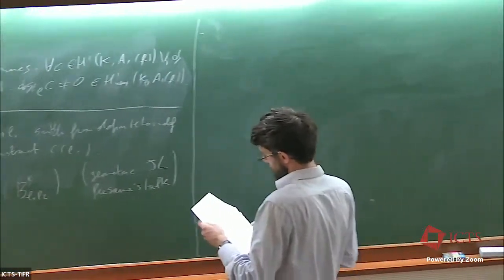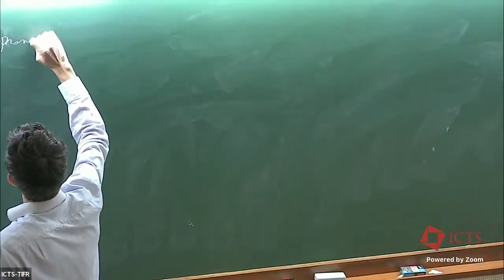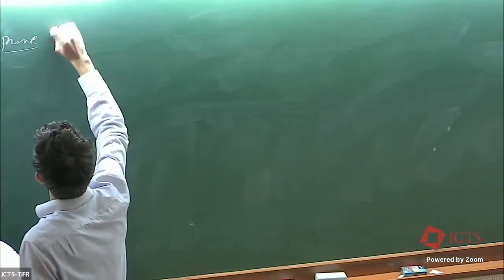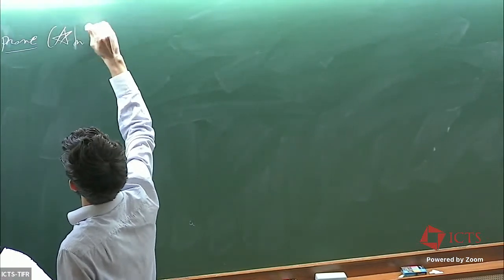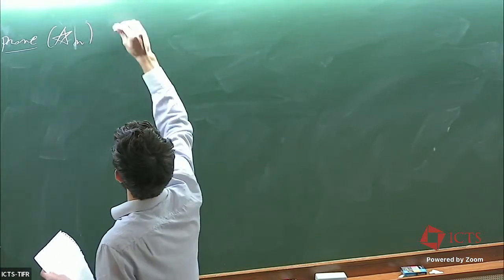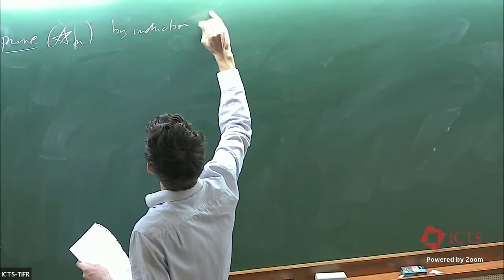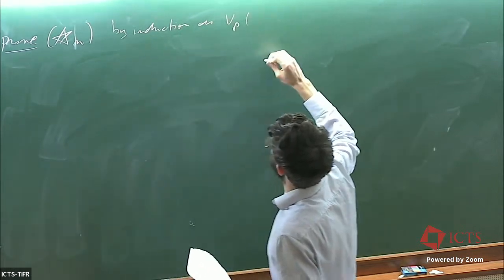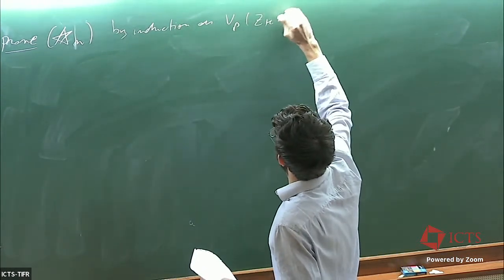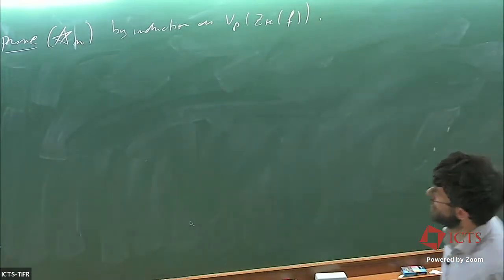So what we want to do is prove this thing I called star n, this inequality for the length of the mod p^n Selmer group, by induction on the p-adic valuation of this zeta element. So this is what we are going to do.